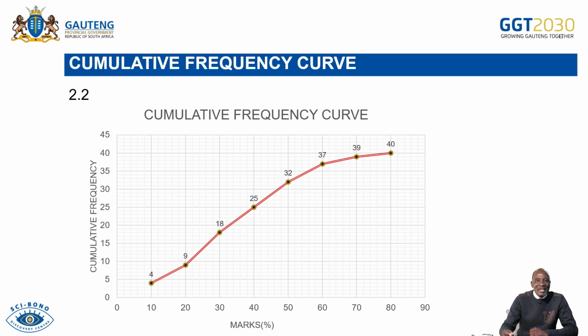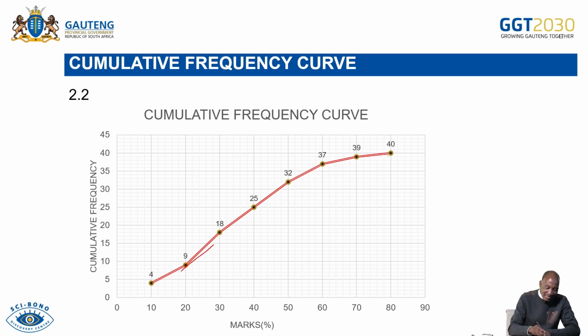We don't join the points using straight edges here. It has to be a smooth curve. You join the points by using a curve, you bend around or follow the points, one point after the other, until you get to the first point. Let's do that.